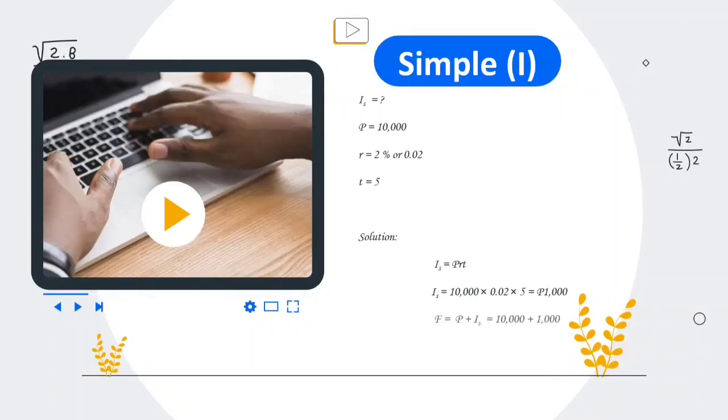So after 5 years, your 10,000 will be 11,000 pesos. Or to simply put it, at the end of 5 years, you would have 11,000 pesos.